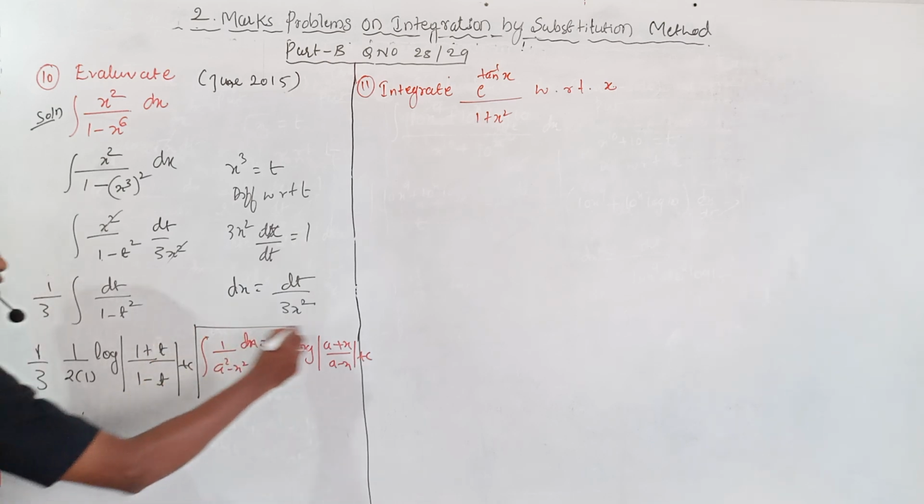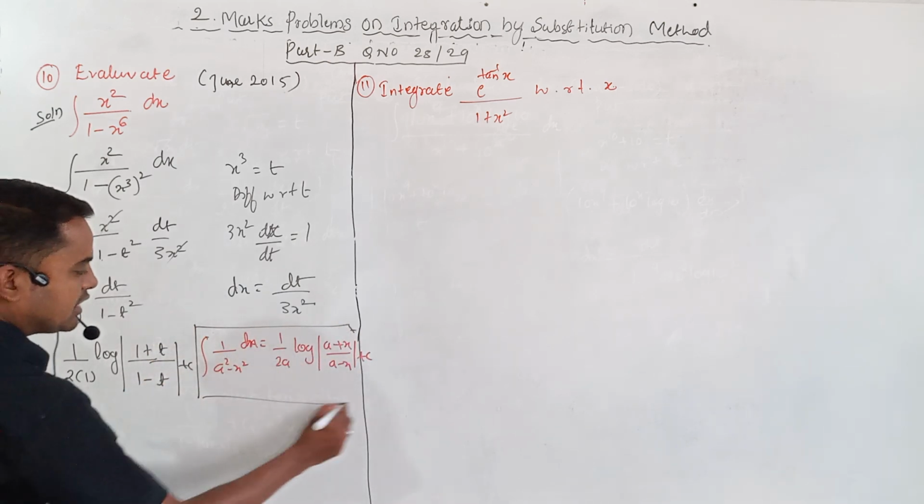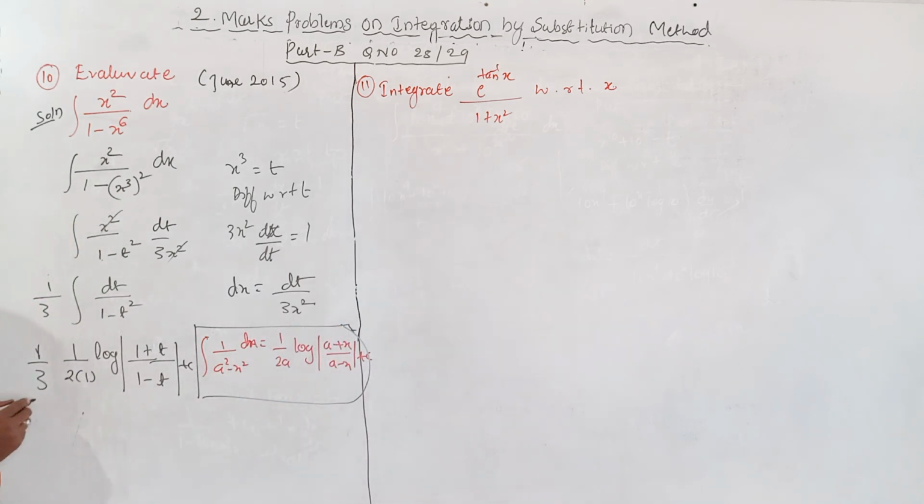Now 1 by 3 into 2 is 1 by 6 log of, with t equal to x cube, 1 plus x cube divided by 1 minus x cube plus c. This is the final answer. Write it fast. The next problem.